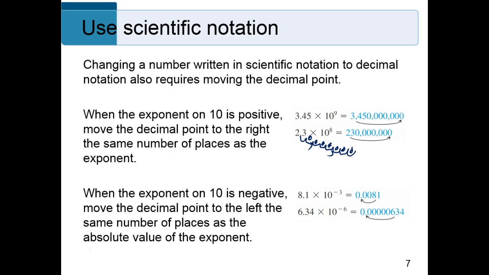So subtract 1 from this, just the absolute value of that. 2, that's how many zeros are in front. Because the first one place is going to be to get in front of the 8, then you got 2 more places to go. So 0.0081.